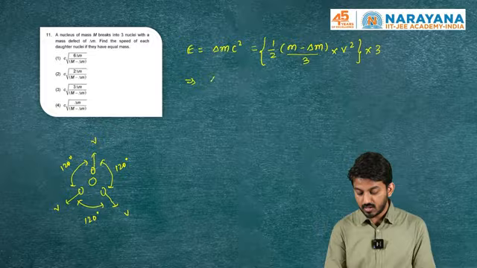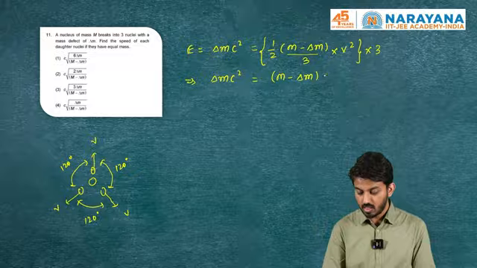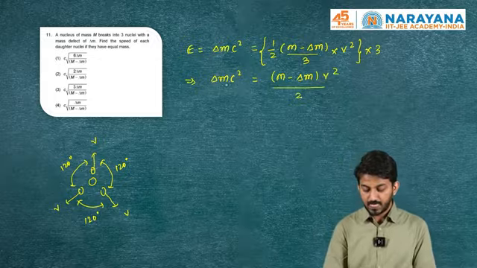Here, if we continue, I'll get delta m c square is equal to M minus delta m times v square by 2.